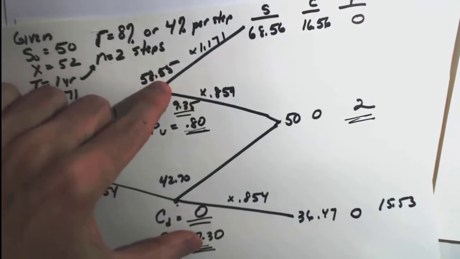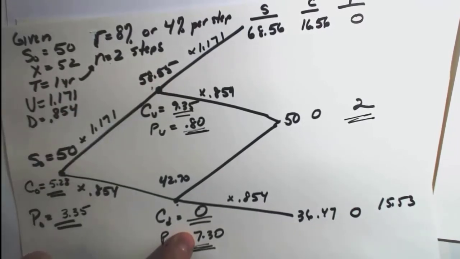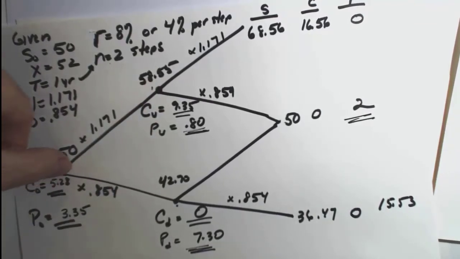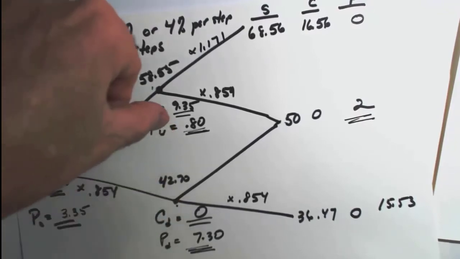We're going to set up a riskless portfolio, so it doesn't matter if we go up or we go down. Then we're going to back into it, creating another riskless portfolio that grows at the risk-free rate. It doesn't matter if it goes up or down because it's worth the same value.